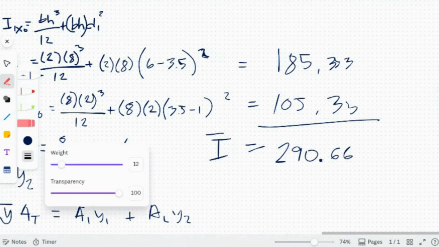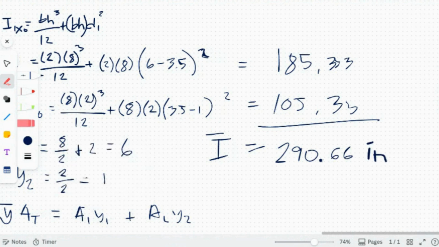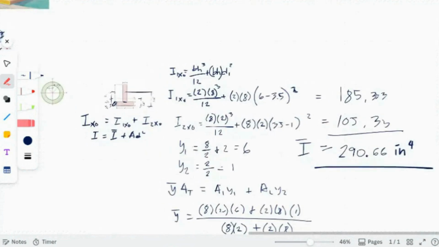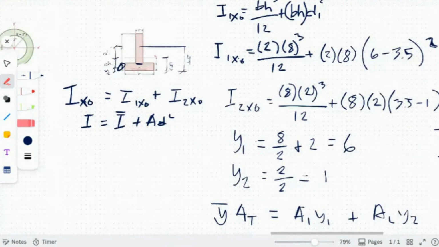And then don't forget your units, inch to the fourth. All right, so that is your moment of inertia about the centroid for this inverted T section.